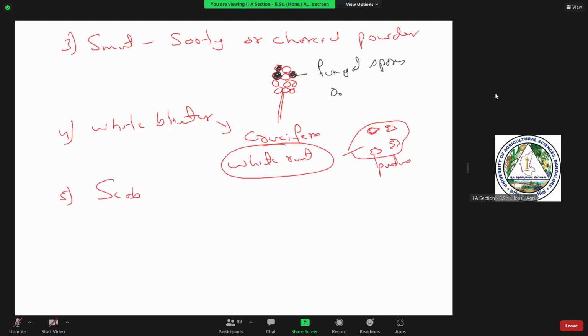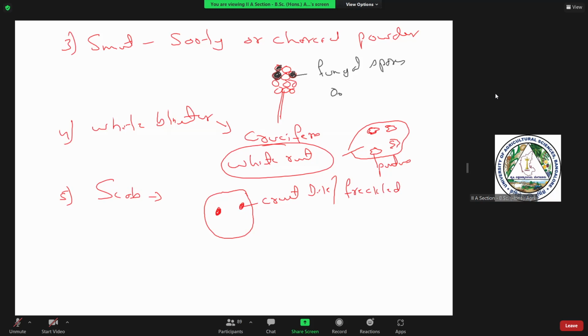The scab is often seen on the fruit, mainly an apple, which basically has a roughened portion on the fruit, a roughened portion or a crust-like lesion, which normally has a freckled appearance.